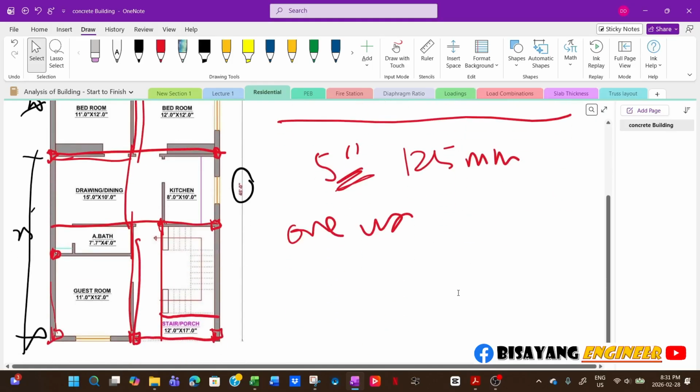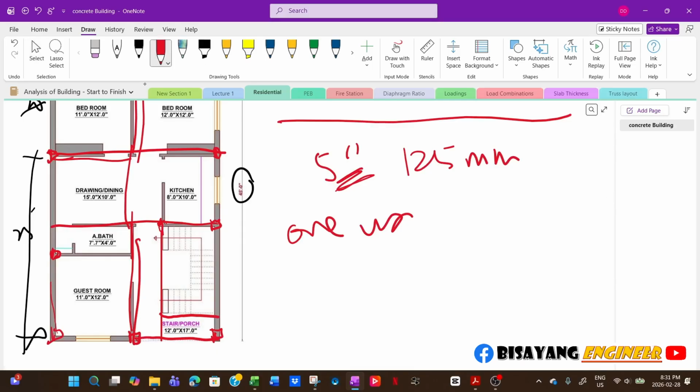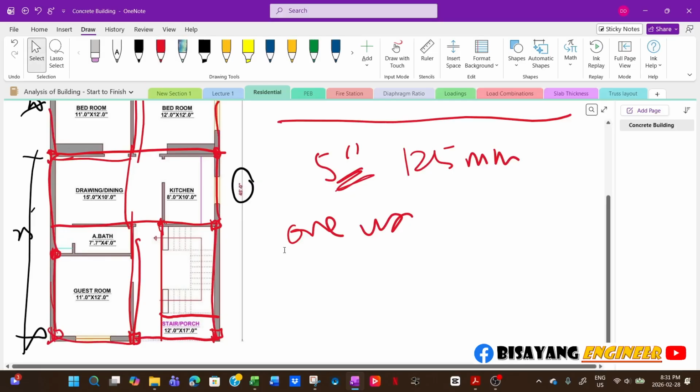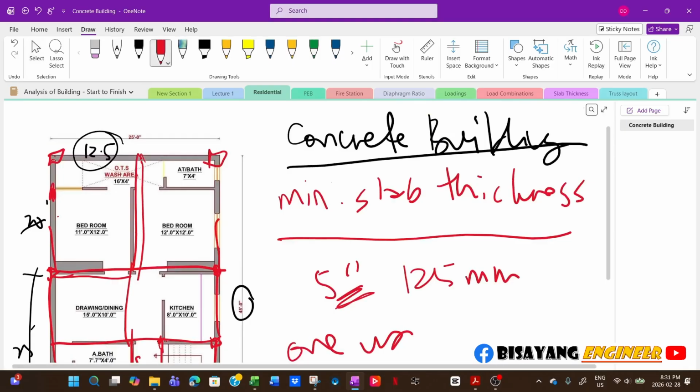Yeah, so of course you will have a perimeter beam here, this one here, right?